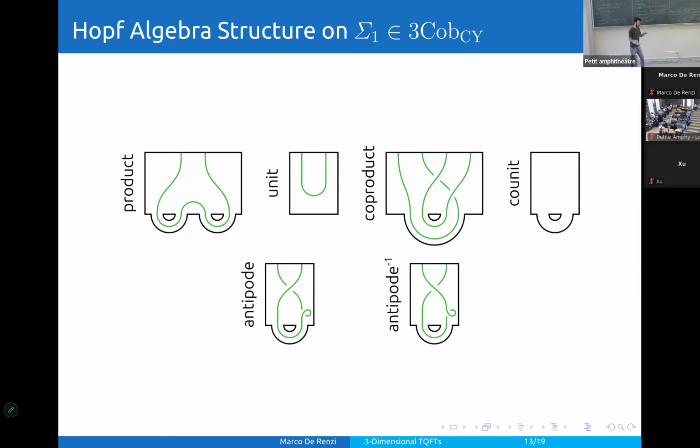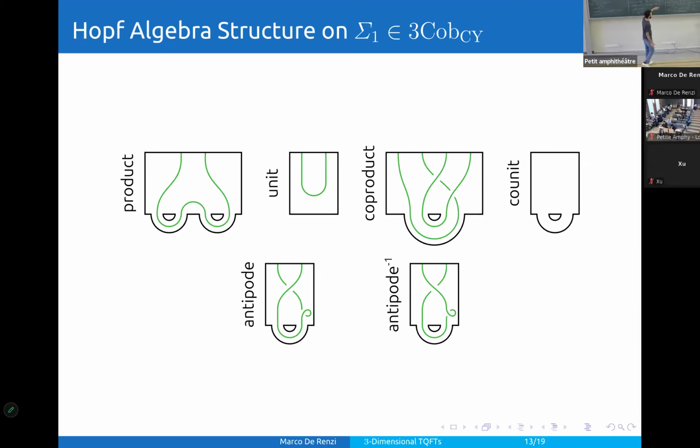If you have a kink and also the other one composed with each other, then the result is just the identity.